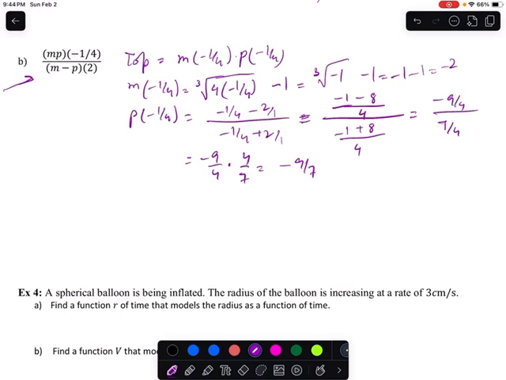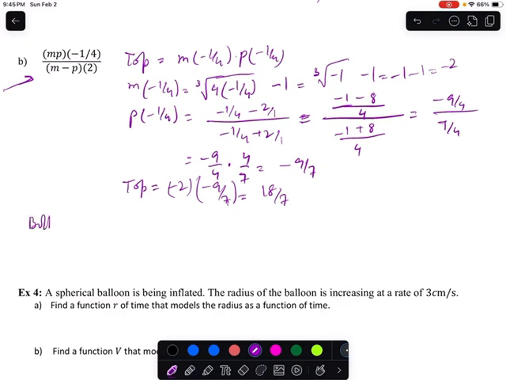So the top becomes M of negative 1/4, which is negative 2, multiplied by negative 9/7, which will give me 18/7. Okay, now we look at the bottom.